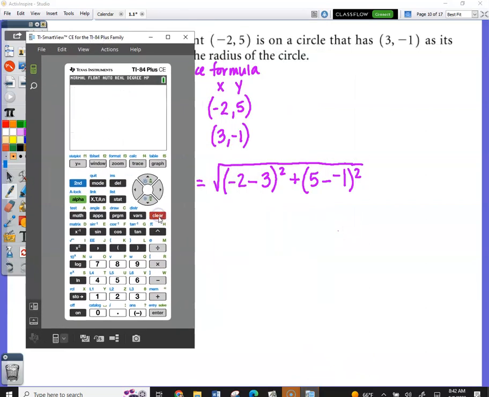Okay, go to your calculator, type everything except for the radical. Notice that although I know that minus and negative translates to a positive, I don't write it when I type it in the calculator.